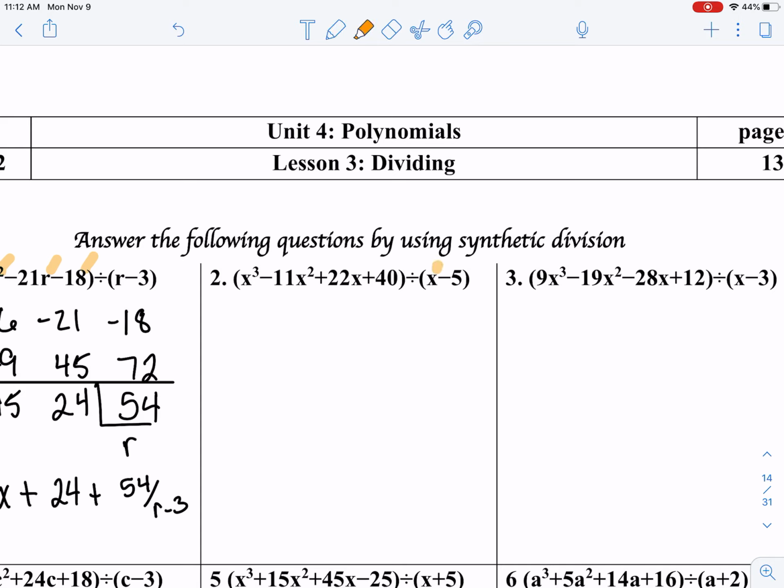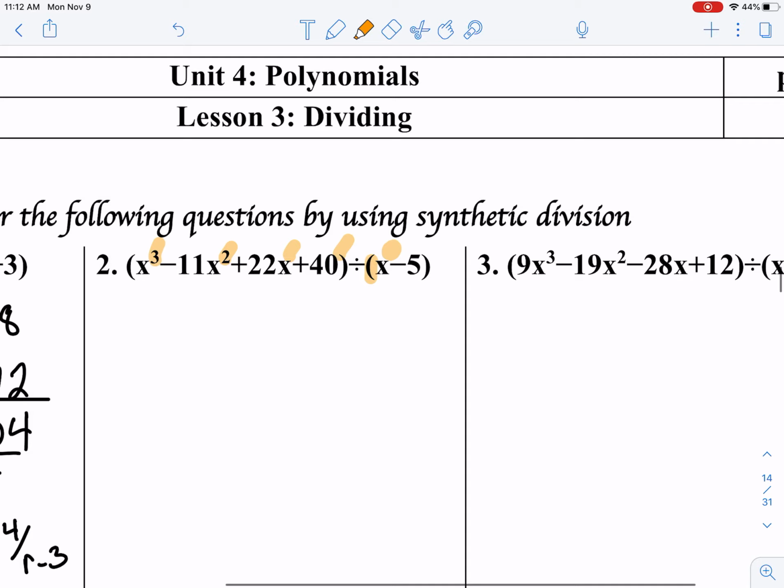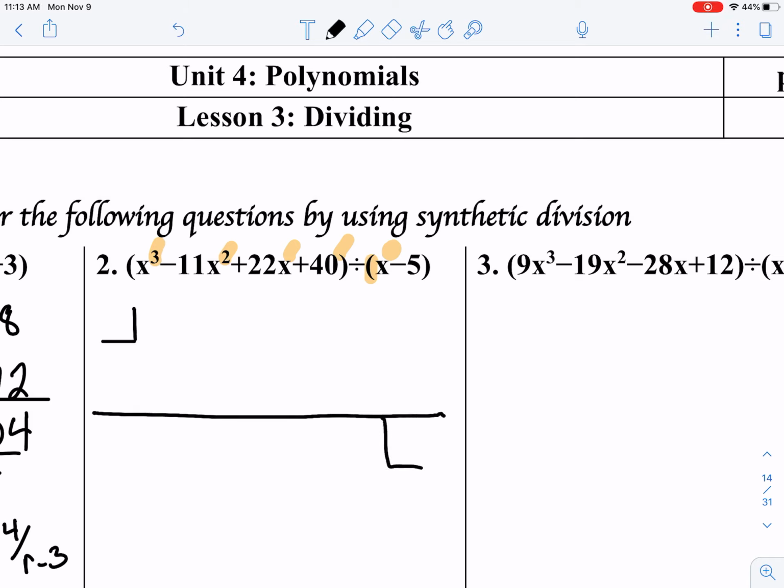Again, check your degree, check your leading coefficient. It's possible to do. 3, 2, 1, 0. So get your problem set up. So 5, 1, negative 11, 22, 40.